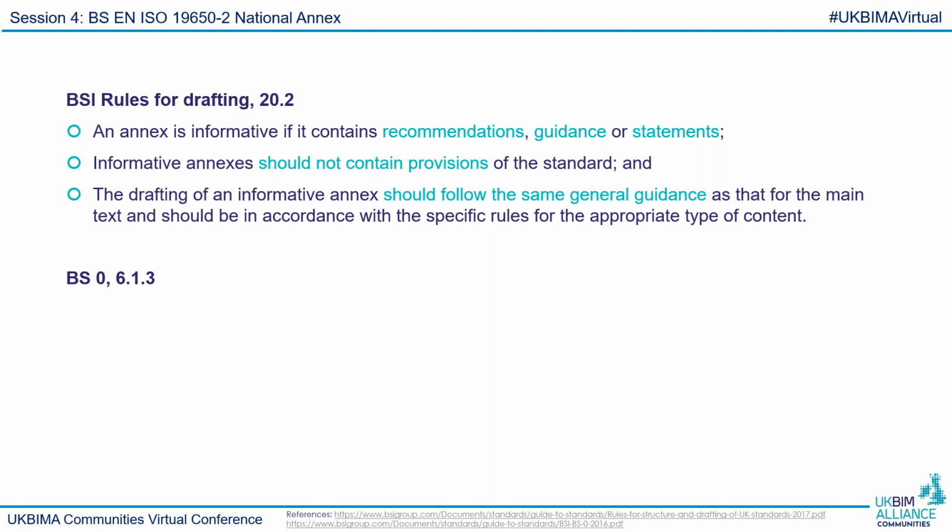You'll notice when reading the National Annex for 19650 Part 2, it puts a clarification which says this is the clause it's looking at, and then underneath it adds additional recommendations and guidance. That's because it's focusing on clarifying and adding additional informative text to support those clauses. It's not changing the way the standard performs.